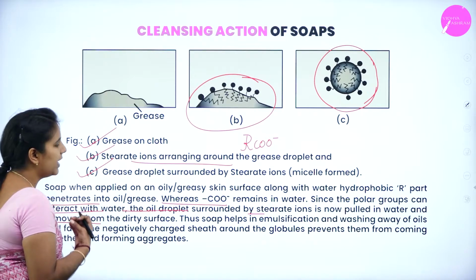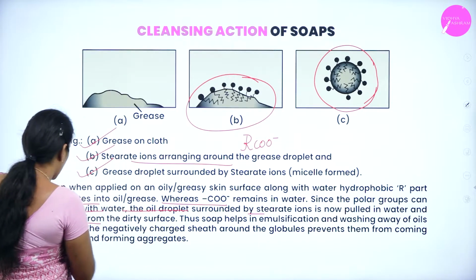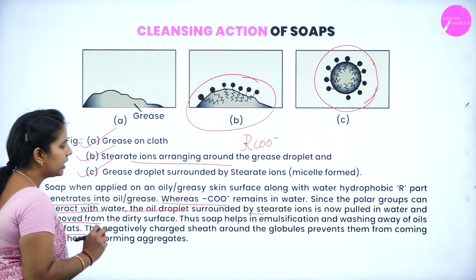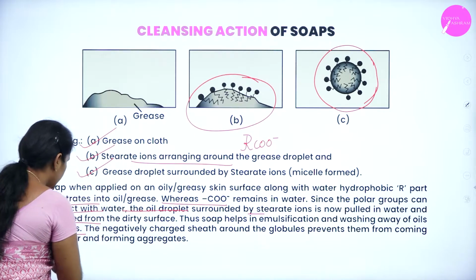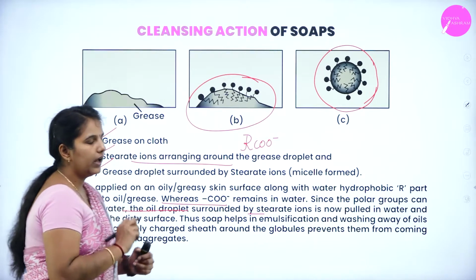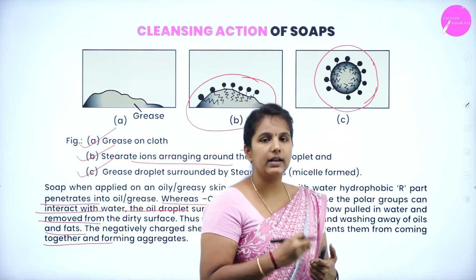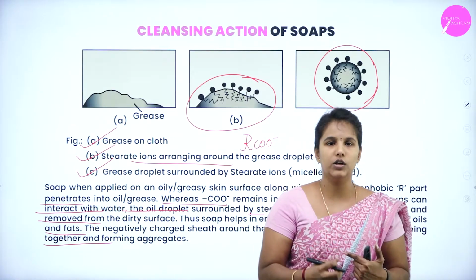Thus, the soap helps in emulsification and washing away of the oils and fats. The negatively charged sheath around the globules prevents them from coming together and forming aggregates. This is how soap acts like a cleansing agent to remove the dirt or oil on the surface of the cloth.